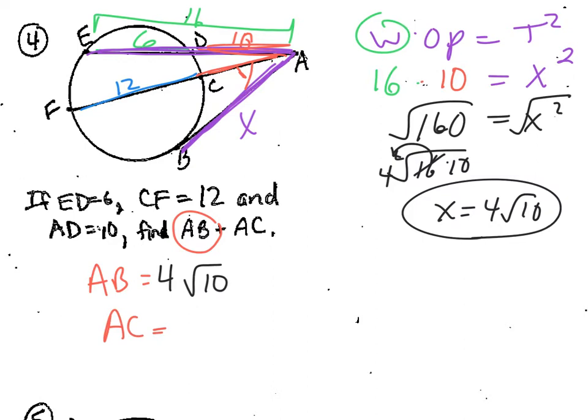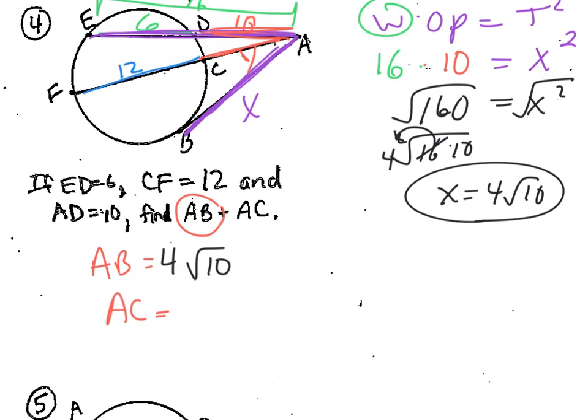My theorem that I'm going to use here is secant secant. That's theorem 10.16, similar to what we did in problem 3. So it's going to look like WOP equals WOP: whole times outer part equals whole times outer part.